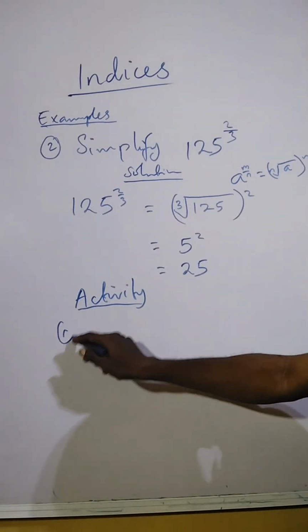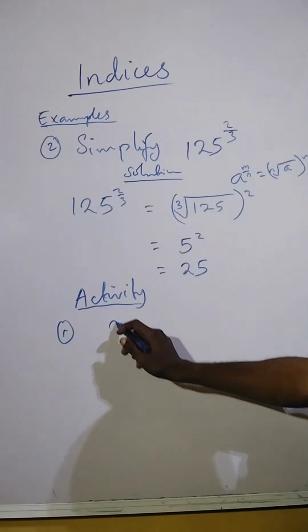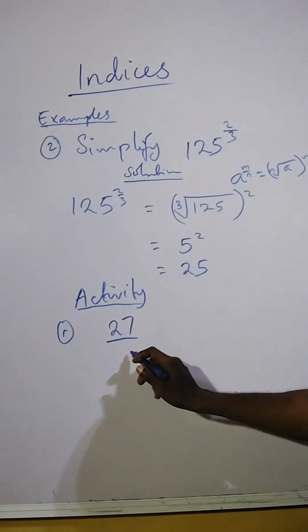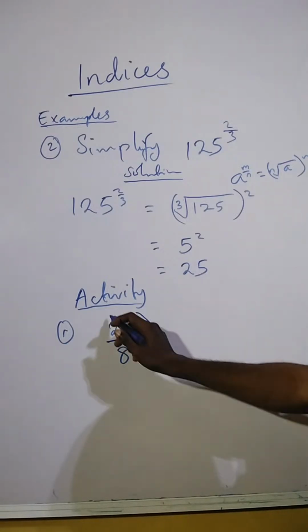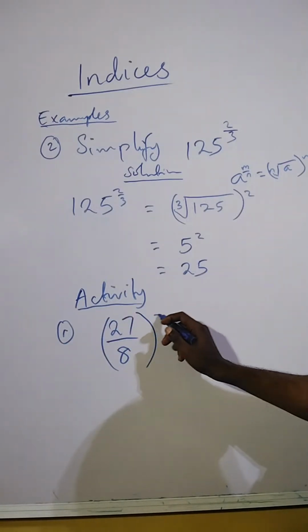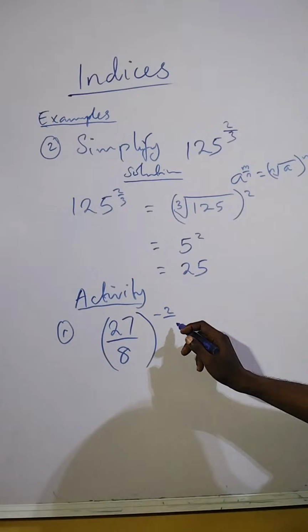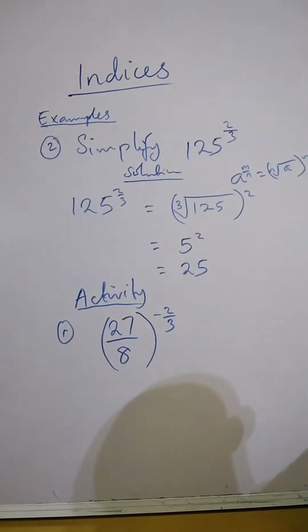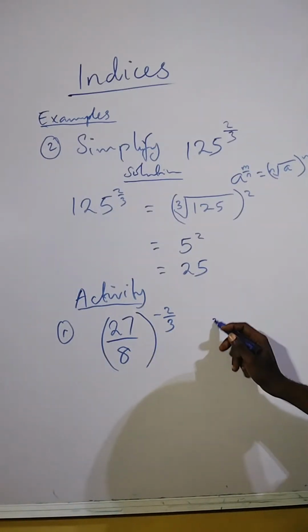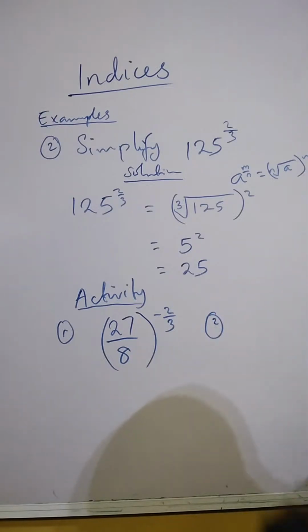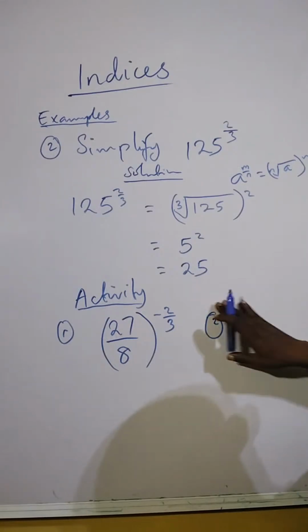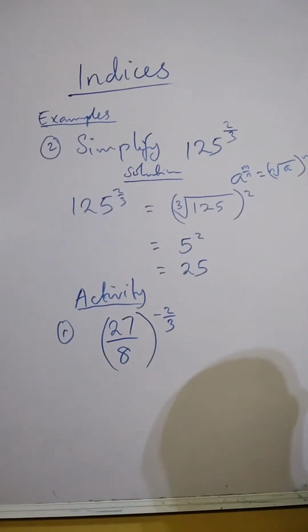We have 27 over 8, raised to power minus 2 over 3. So what's the answer to this? Okay, let's do this one. All right, you can drop your answer in the comments.